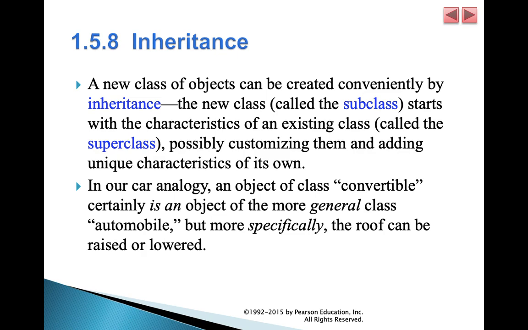There is also inheritance, where some classes are created by the inheritance of other classes. For example, in cars we have some kind of car, a convertible. It's contained in a more general class like automobile, but more specifically the roof can be raised or lowered.